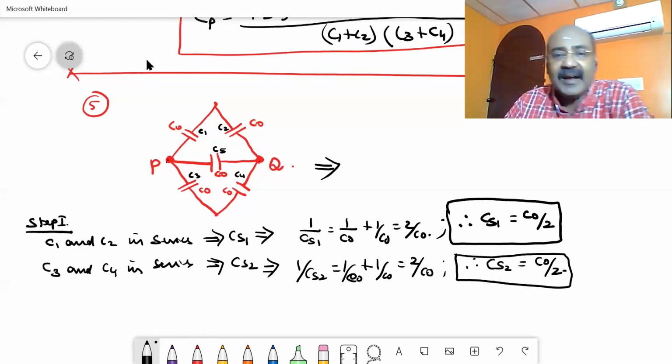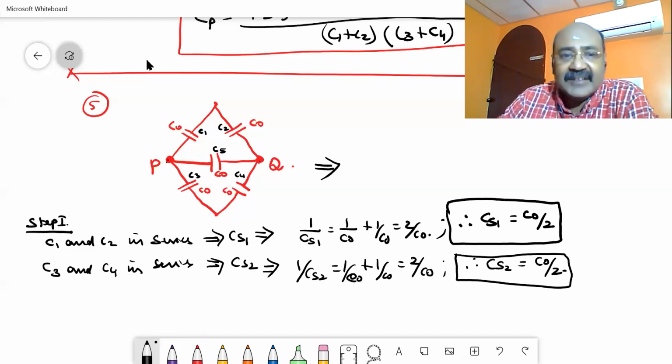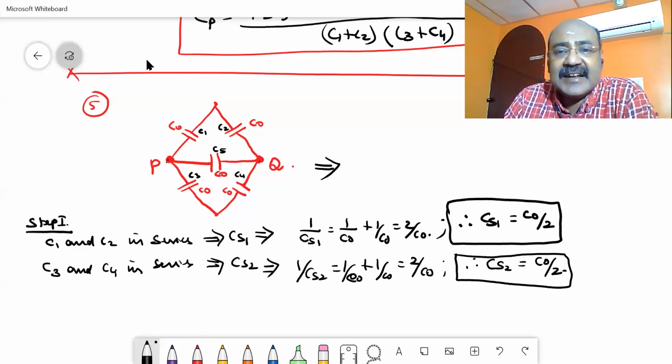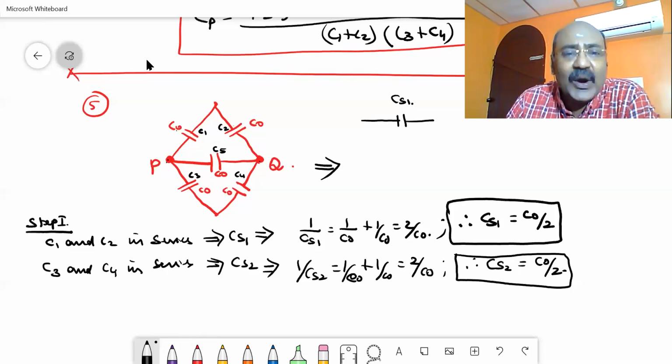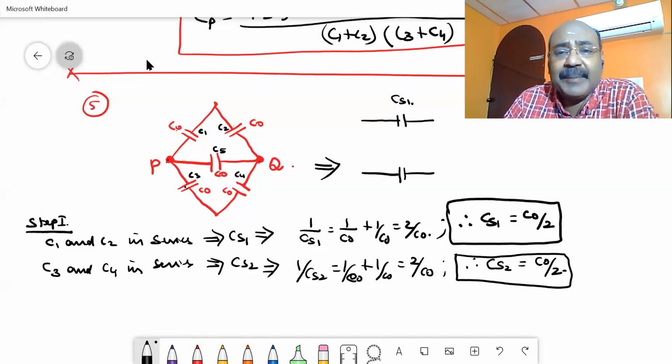Then, how can you arrange this to get the effective capacitance? C1 and C2 form one capacitance called CS1. Then C3 and C4 form another effective capacitance called CS2. In between, you have another capacitance which we call C5.